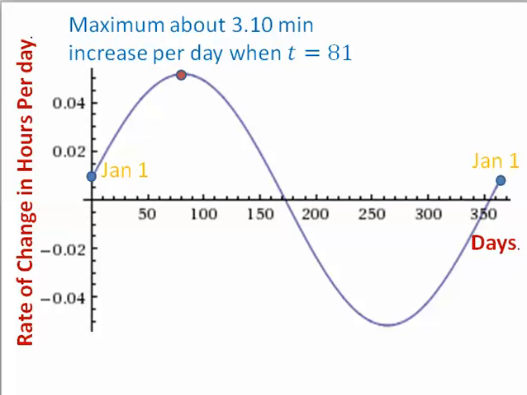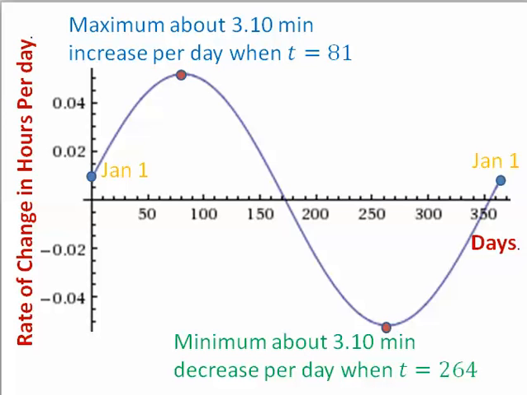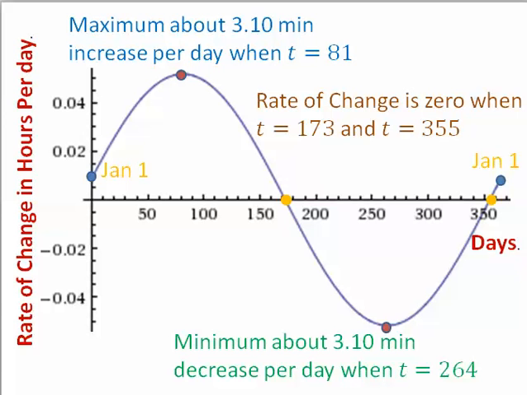Remember, I had an amplitude of about 3.10 minutes increase per day, and that occurs when t equals 81, and the minimum occurs when t equals 264. The rate of change is 0 when t is 173, and then again when t equals 355.